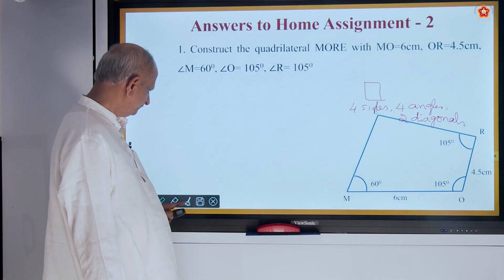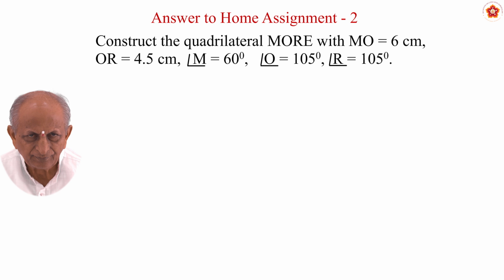Now let us see the home assignments. The question is, construct a quadrilateral MORE with MO equal to 6 centimeters, OR is equal to 4.5 centimeters, angle M equals 60 degrees, angle O is equal to 105 degrees, angle R is equal to 105 degrees.